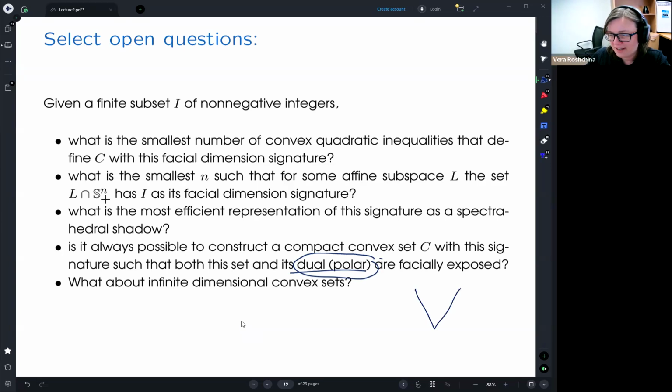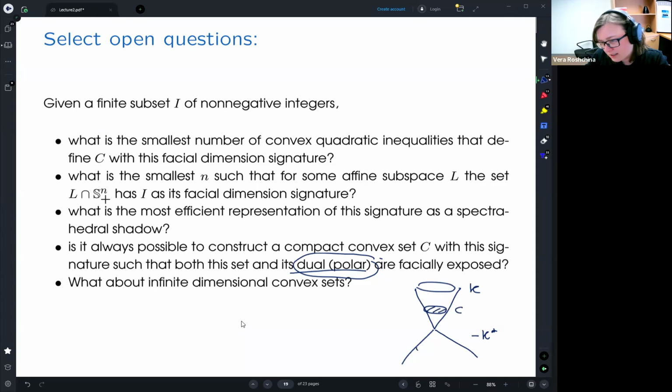So if I have a convex cone K, and I look at the negative dual of this convex cone K, then I can think about polar sets as intersections. So something like this will be a primal set, I see.